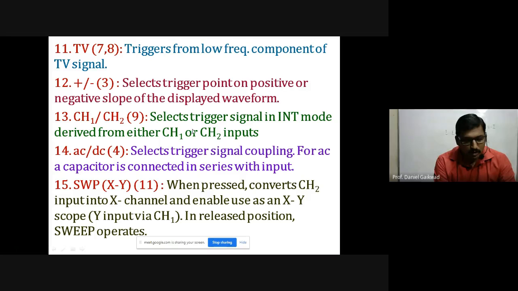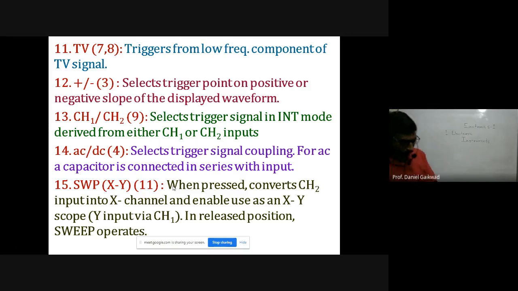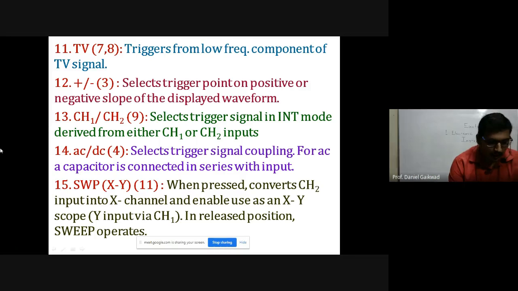So check carefully and read once again what we have given here. SWP sweep X and Y, that is key number 11.